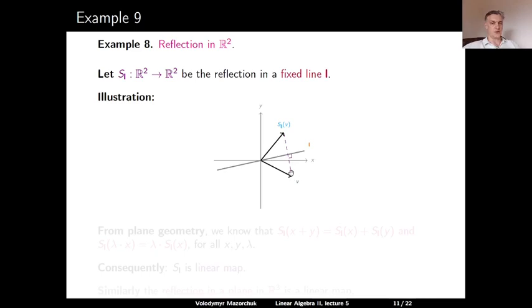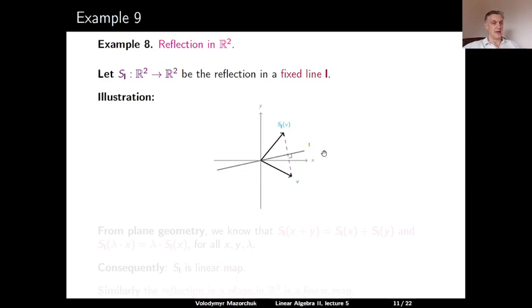So we draw this orthogonal line from the endpoint of V to L, and then we go past L and take here the vector of the same length as between L and V, but on the other side. And then we have this vector S sub L of V, which is a reflection of V with respect to the mirror L.